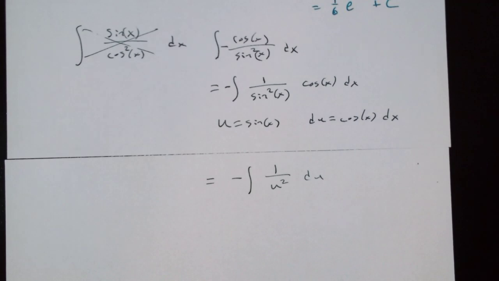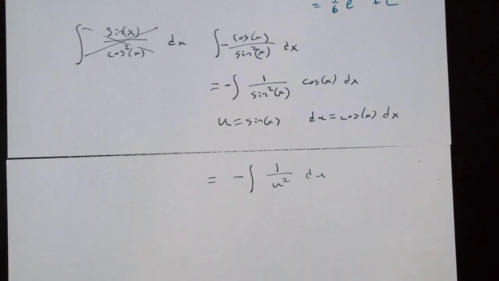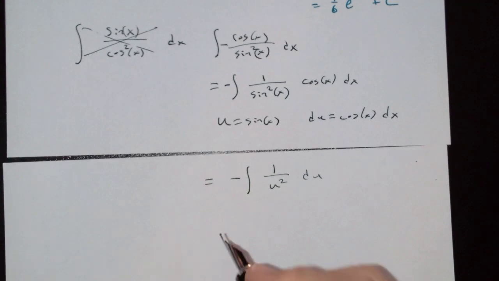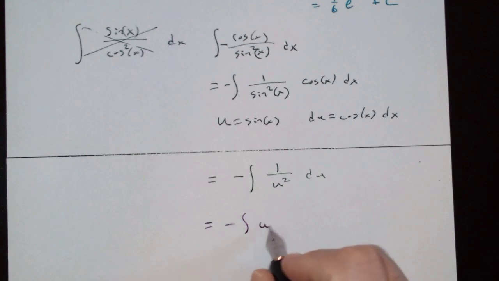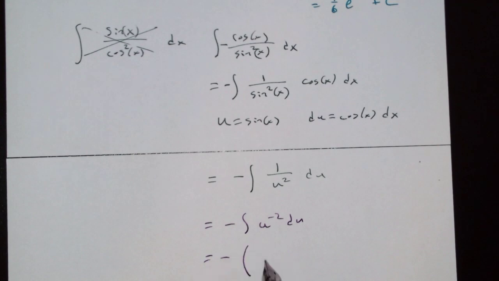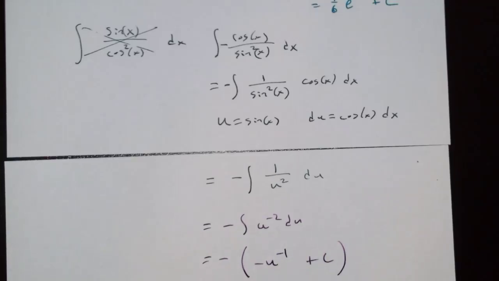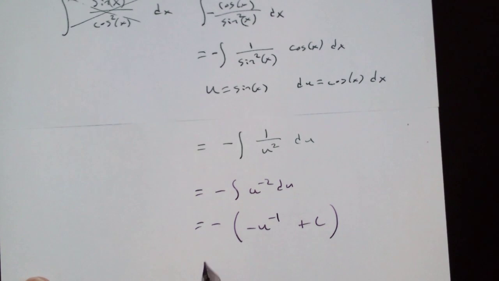All right, if that's u to the negative 2, then when I do the antiderivative, I get it would be over -1, but over -1 is the same as multiplying by -1. So I put the negative out front. Negative times negative, they cancel each other out. That's the same as 1 over u.